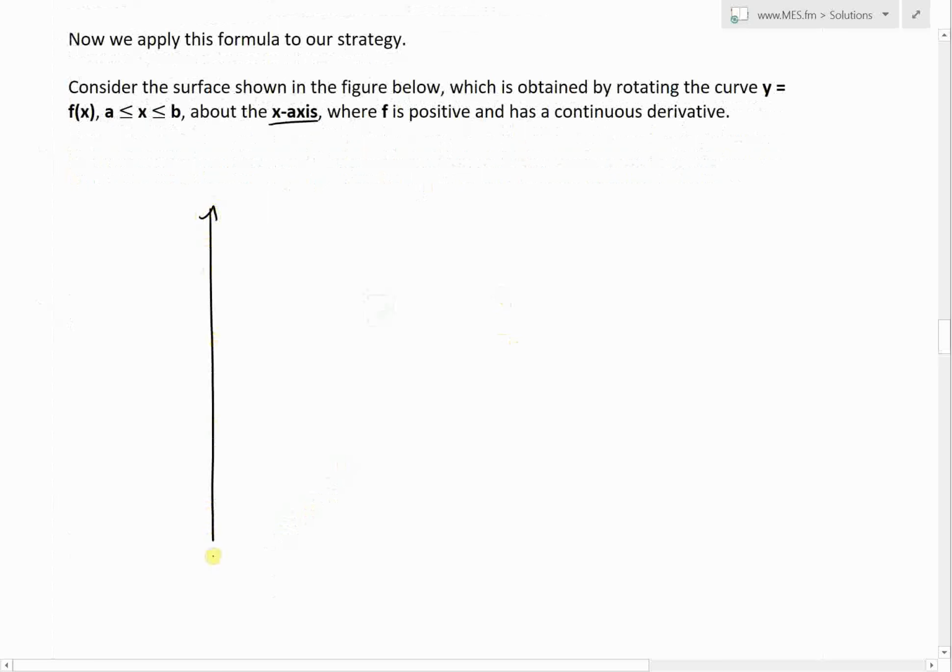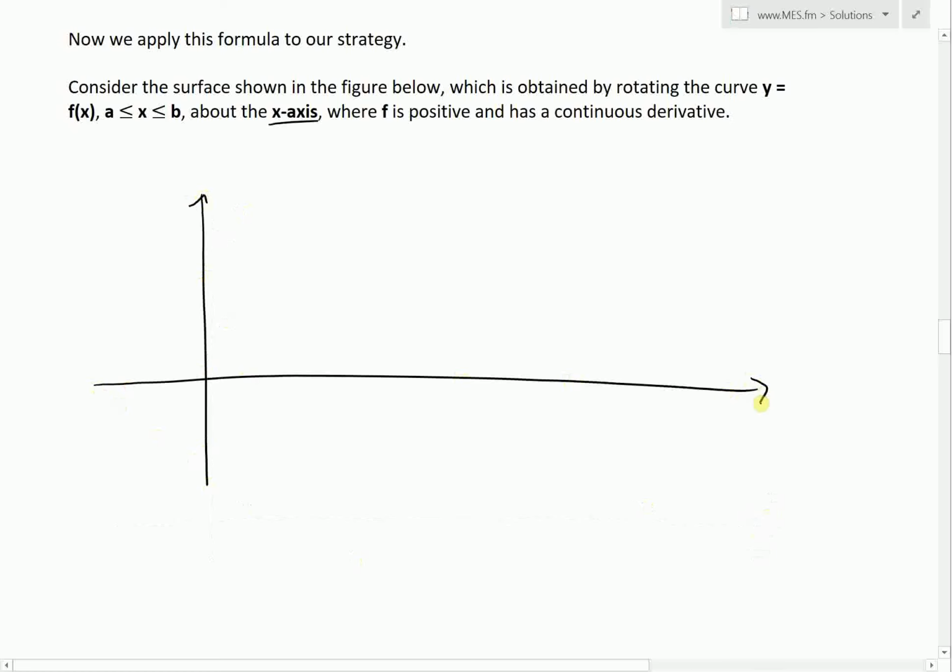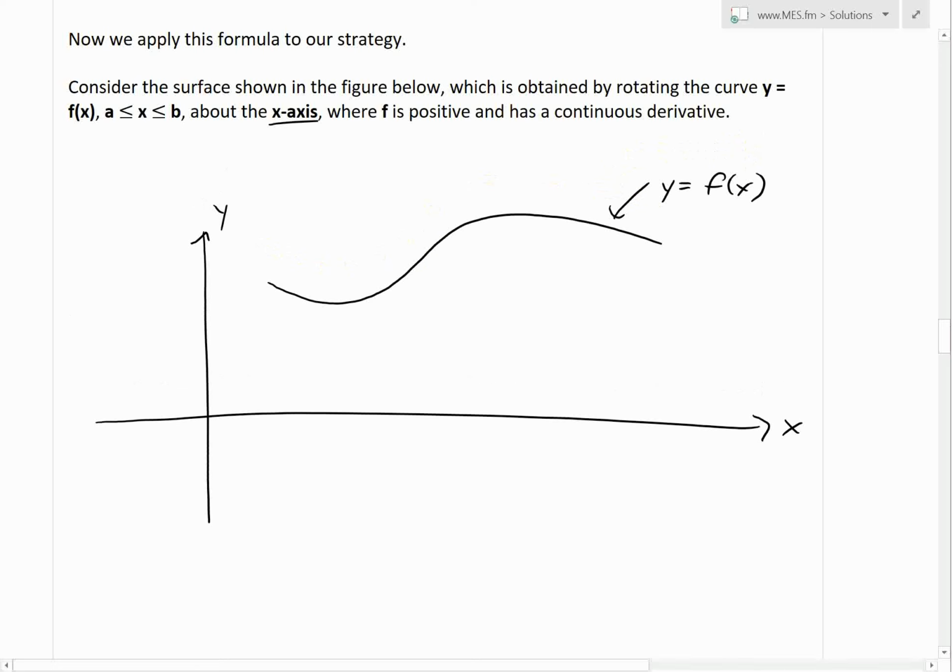So if we were to draw this out, this is the xy axis. Actually, it's too high up, I'll draw it like this. This is the x, this is the y. And now if we draw just a random function like that, this is our y equals f of x.